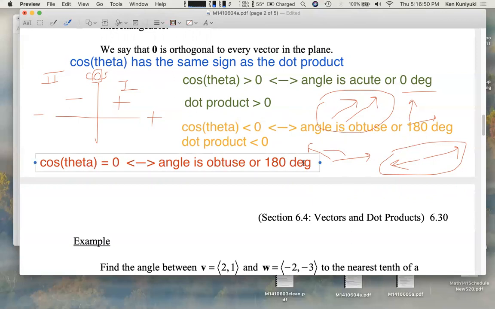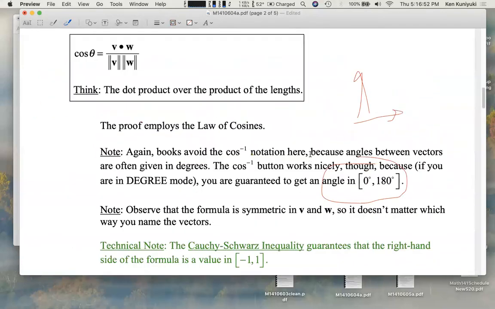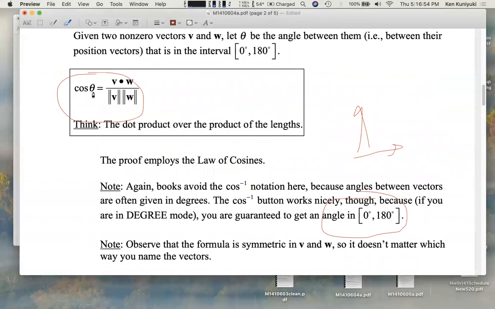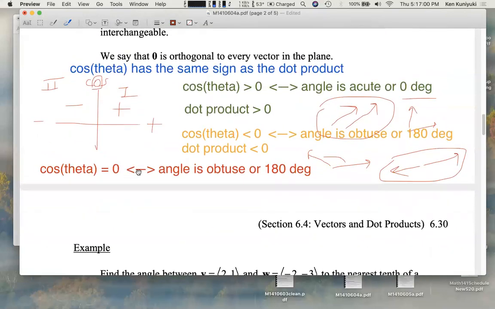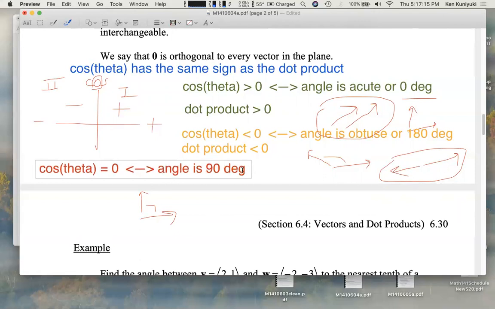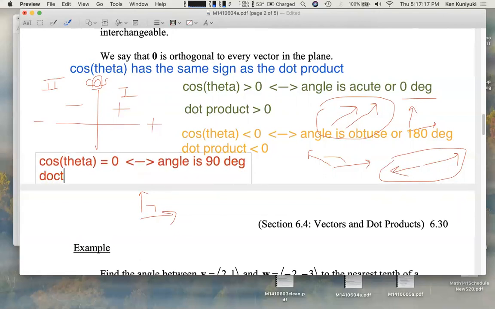That is the dot product is 0, right? Remember that we got that from this formula here. Cosine of theta is 0 if and only if the dot product is 0 for non-zero vectors, okay? The cosine is 0 if and only if the angle is 90 degrees. We have a right angle between them, which means that they're what O word? The two vectors are orthogonal or perpendicular. That's when the cosine of theta is 0. That's when the dot product is 0.